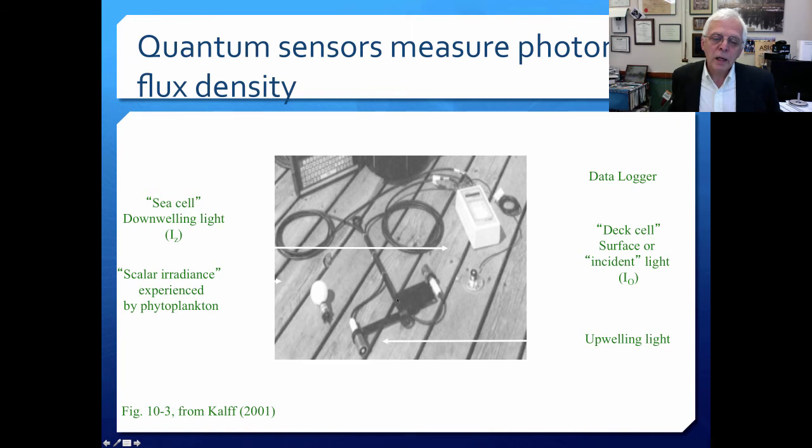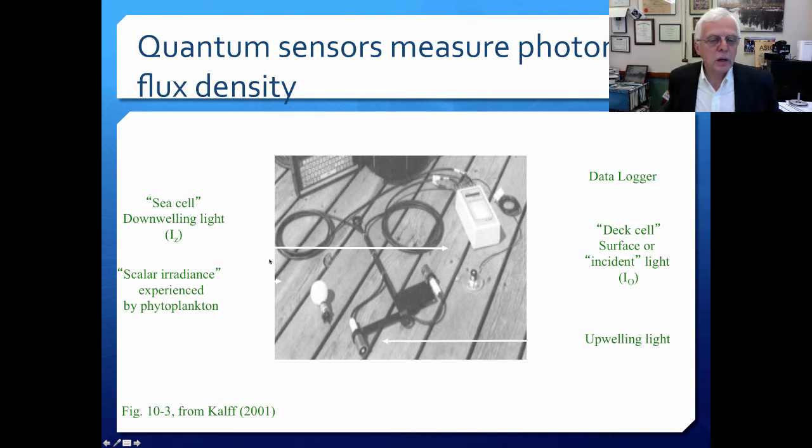Then you have an array like this in sort of a T, with one quantum sensor pointing upward and one pointing downward. This measures the downwelling radiation and the upwelling radiation, that is to say, the amount reflected back upward. Both are important measurements, although the one we rely upon the most for estimating things like the extinction coefficient is the downwelling radiation.